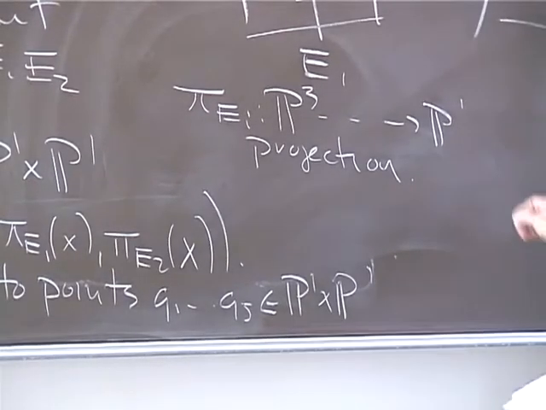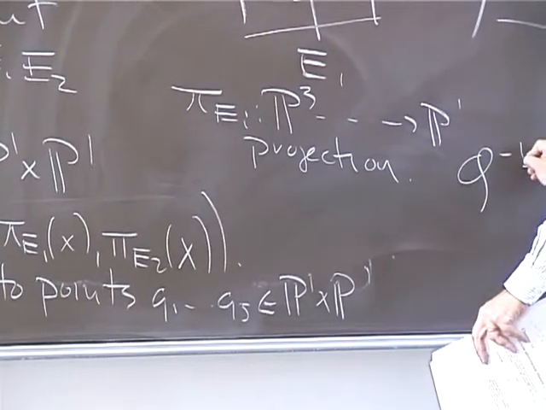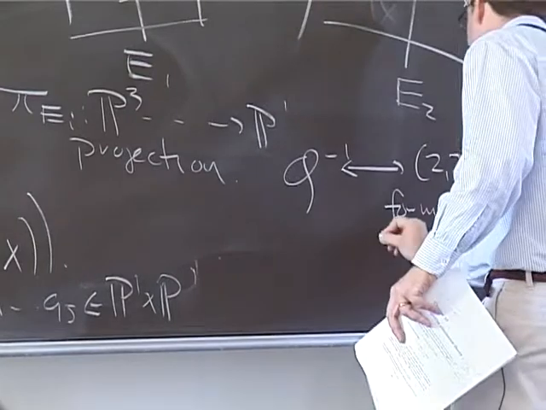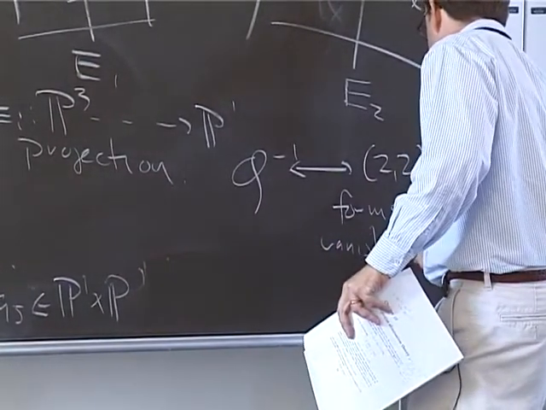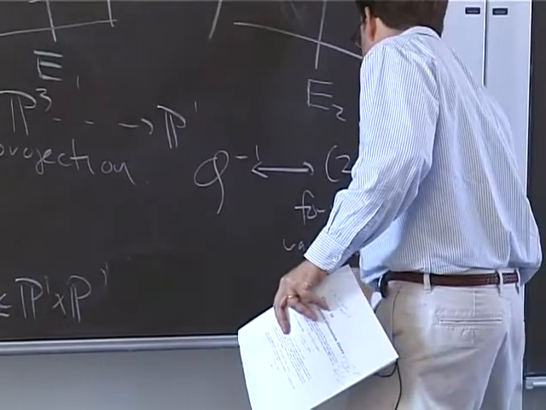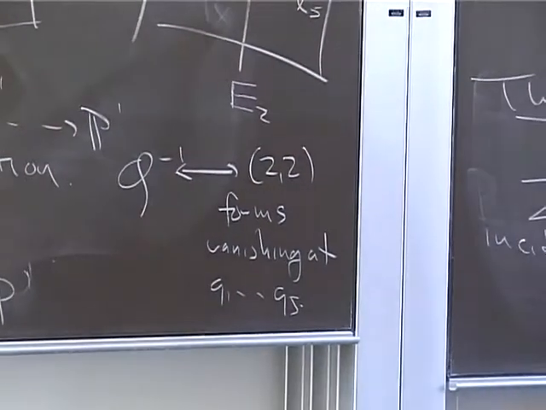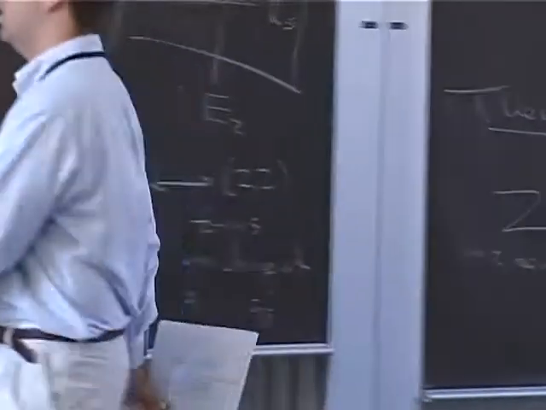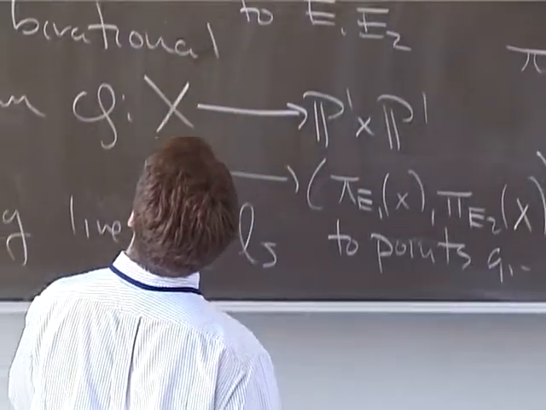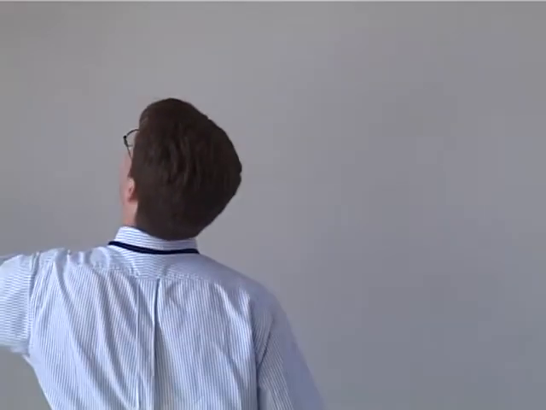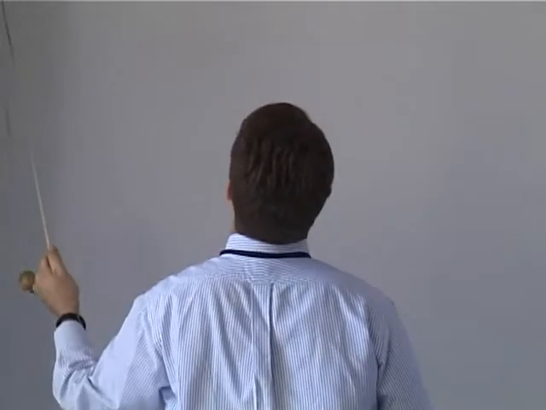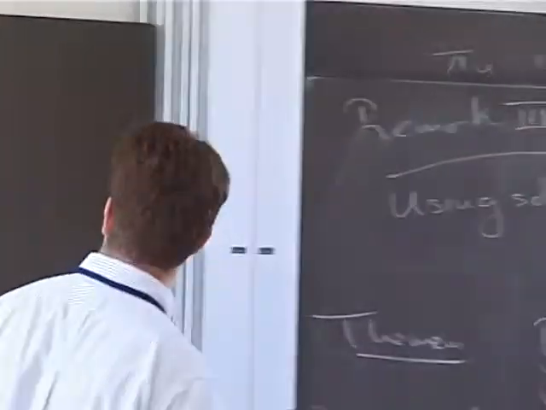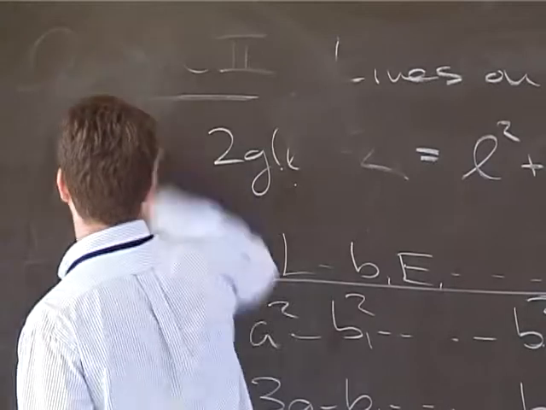I can describe the inverse. The inverse corresponds to the type 2-2 forms vanishing at Q1 through Q5. Now, as a corollary to this fact, I get the following. All these cubic surfaces are blown up versions of P2.